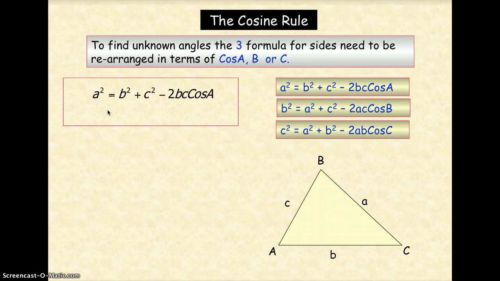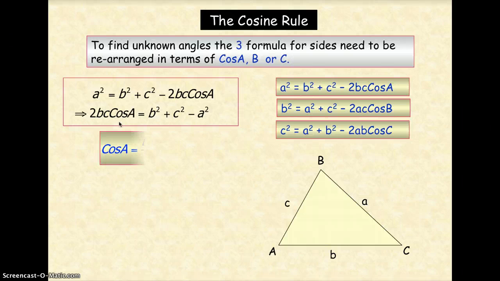When we do that, your 2 times b times c times cosine A will become positive. Then we move a squared to the other side, and it will become minus a squared. Now we would like to get the angle, so we would like to isolate cosine A, and to do that we need to divide both sides by 2 times b times c.